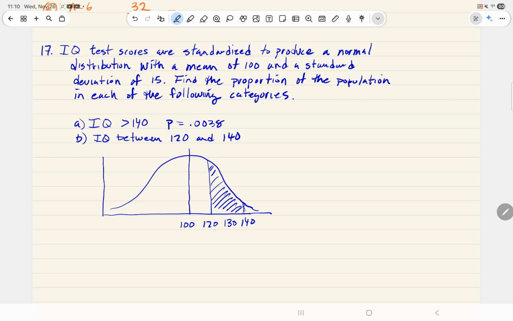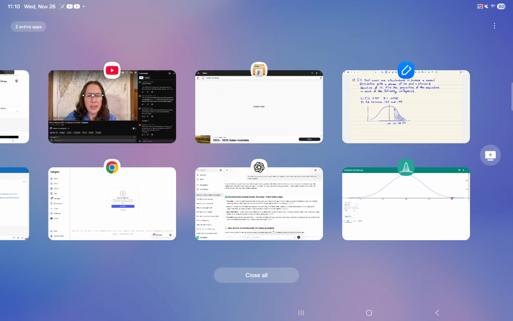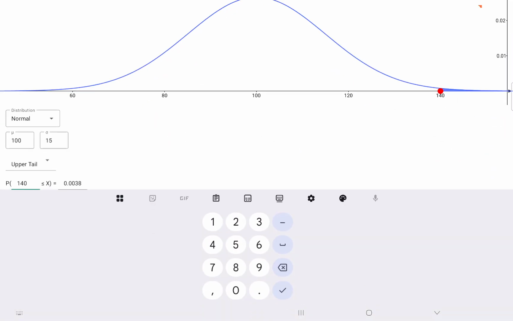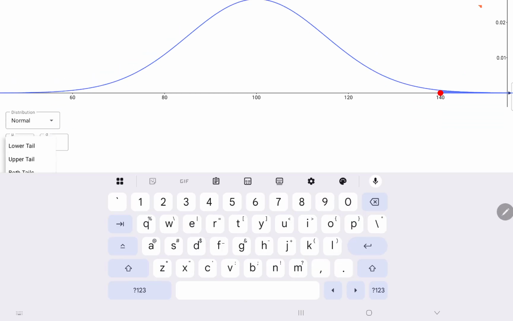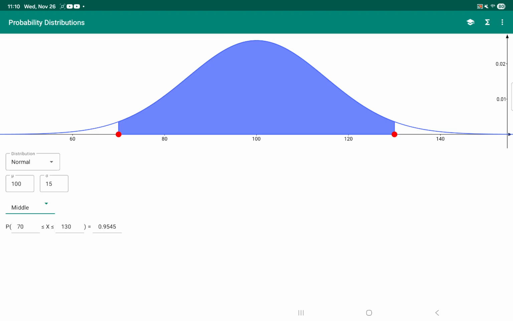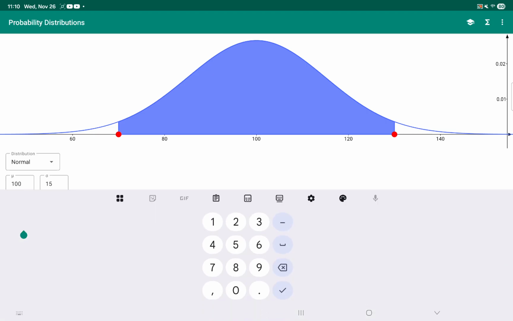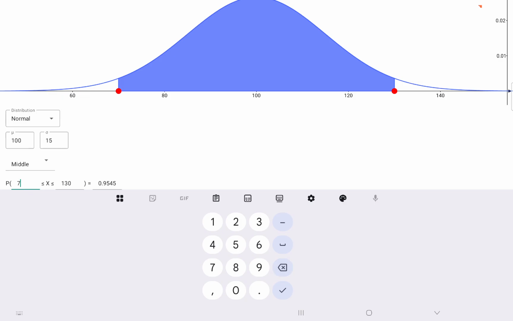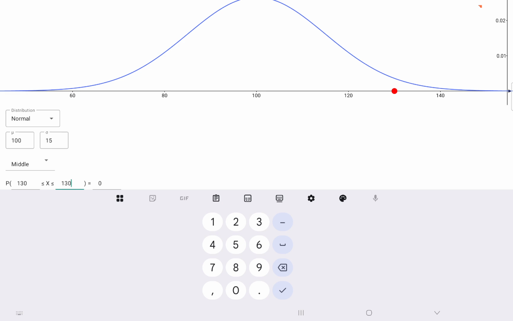So again, we go back to the calculator. And this time we'll keep the same mean and the same standard deviation, but we will select between the two tails, the middle area, but we're interested in between 130 and 140.